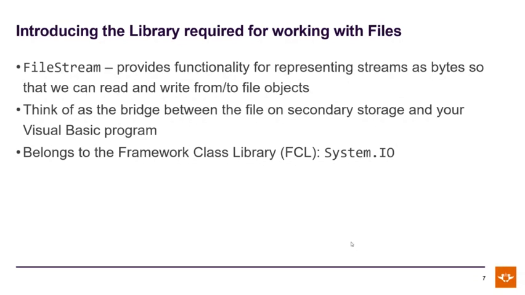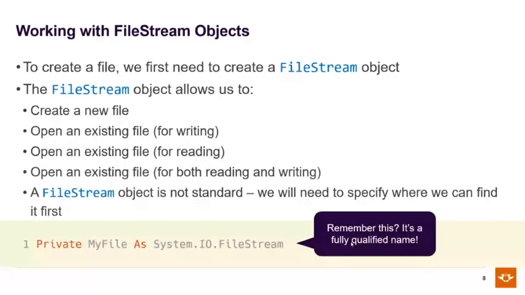When I refer to your primary storage here, it's where your program will be active. It's where it's running. So your primary storage right now is where your active Visual Basic program will be running, and your secondary storage is where the physical persistent version of the file is stored. A file stream belongs to the file-related class library, which is found inside the System.IO library.